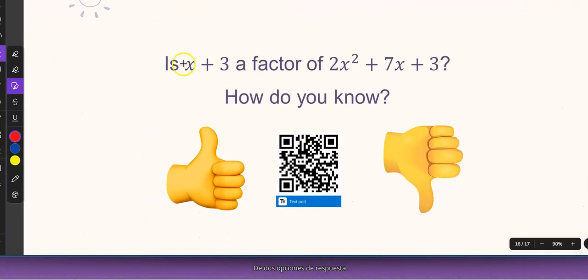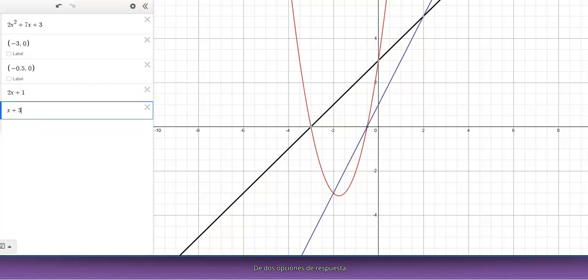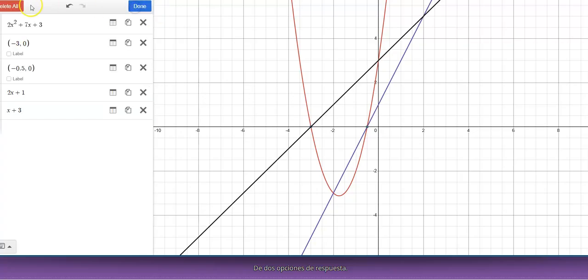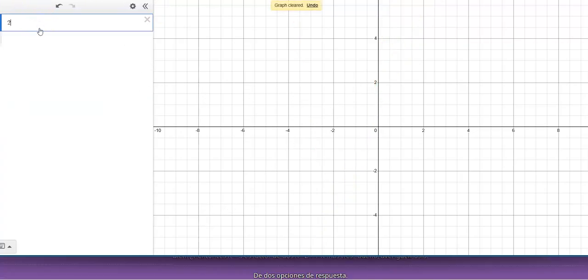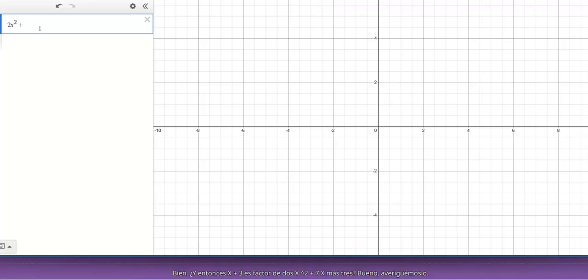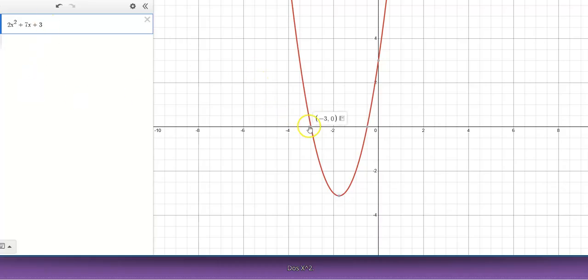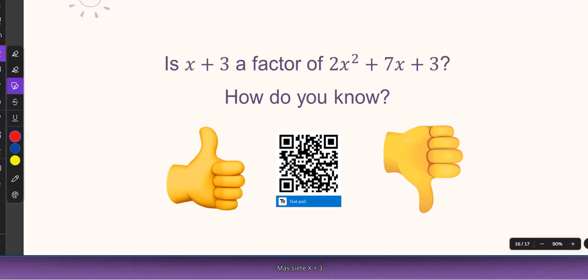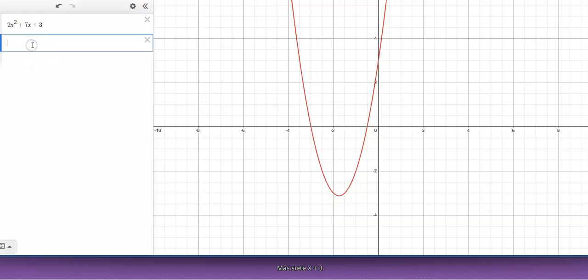Right? And then, is x plus 3 a factor of 2x squared plus 7x plus 3? Well, let's find out. 2x squared plus 7x plus 3. Now, it goes through -3, x minus 3. So let's just graph x plus 3. That's what it wants me to check.